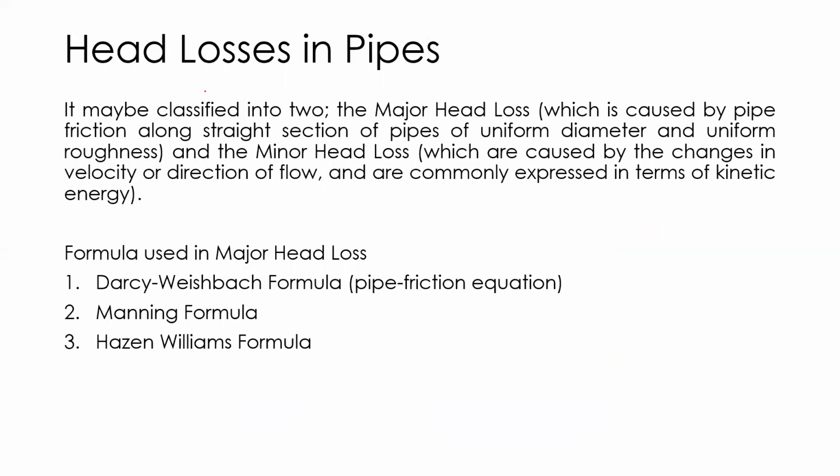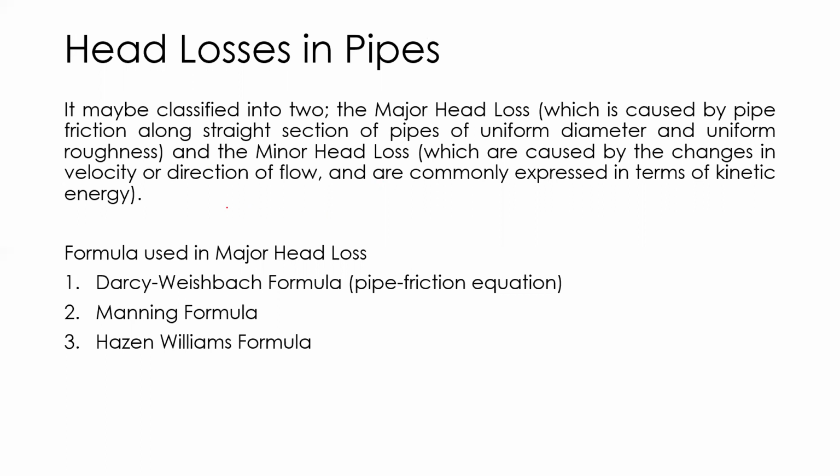So next, head losses in pipes. It may be classified into two. The major head loss, which is caused by pipe friction along a straight section of pipe of uniform diameter and uniform roughness. And the minor head loss, which is caused by changes in velocity or direction of flow and is commonly expressed in terms of kinetic energy.